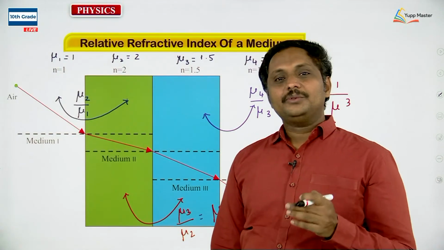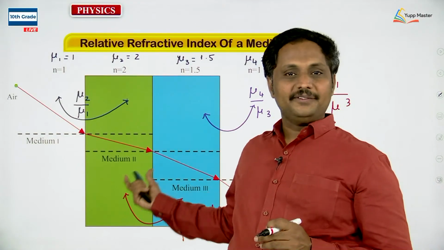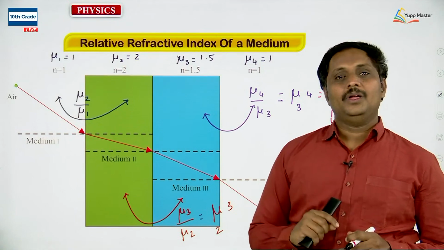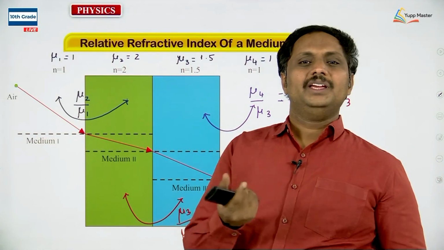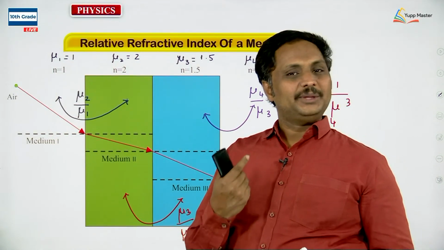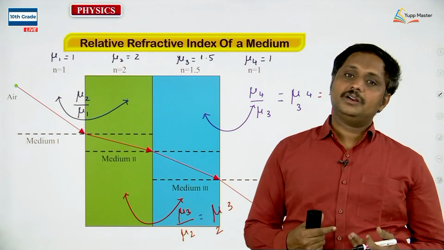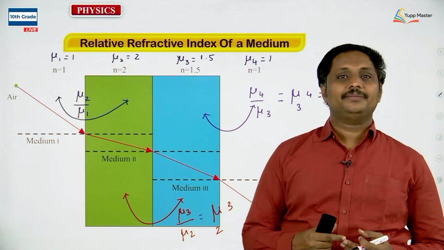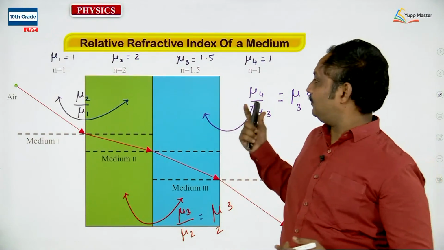The relative refractive index of that case has been identified as 1.2. Actually, the refractive index of water is 1.33. In that case, the relative refractive index of water with respect to glass is less than the original. That is the case we have to consider.